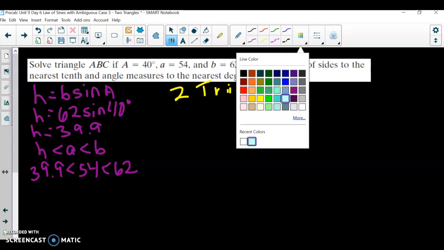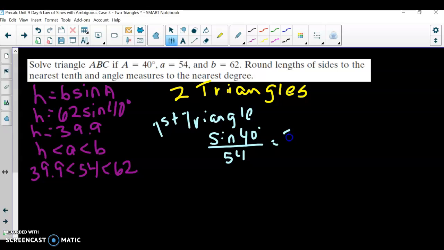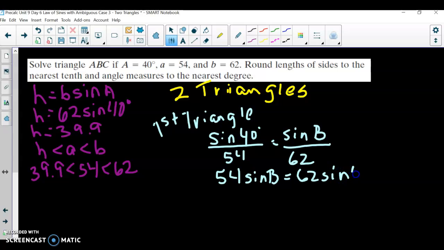So for the first triangle, this is what we're going to do. We're going to use the law of sines. So we're going to use sine of 40 over 54 equals sine of B over 62. I don't have the angle B, so I'm just going to put my variable, big B. Cross multiply, we have 54 sine of B equals 62 sine of 40. Divide both sides by 54.